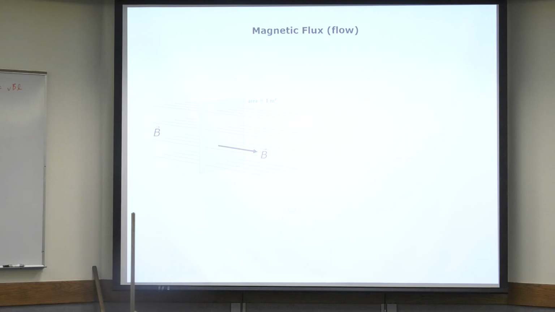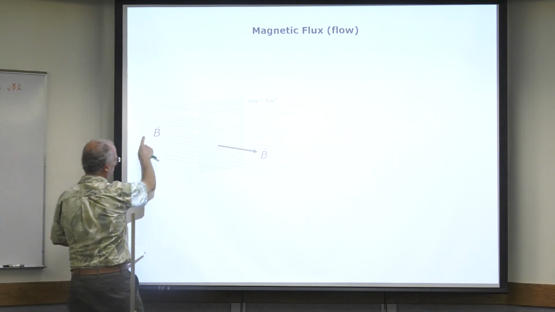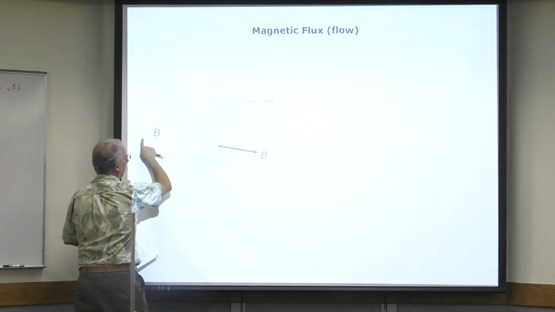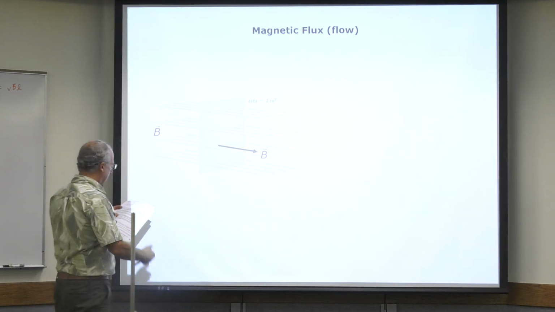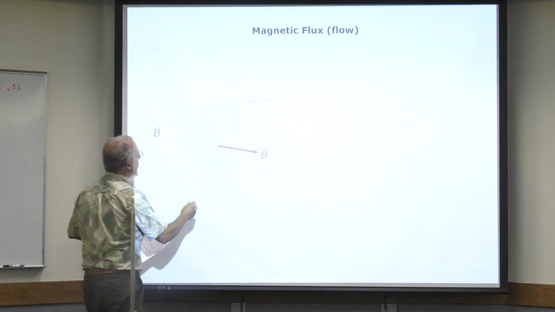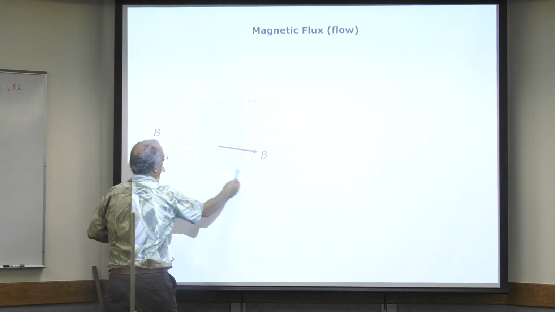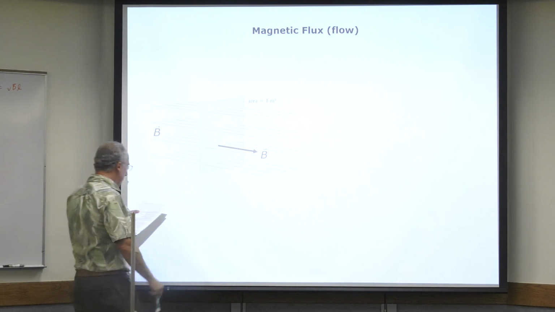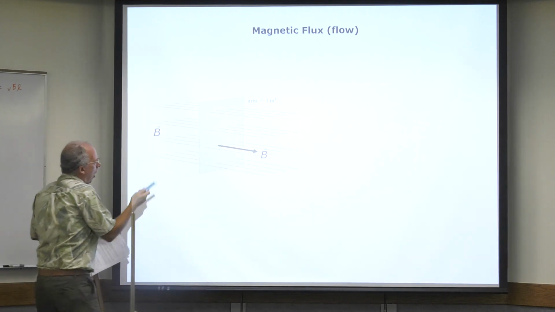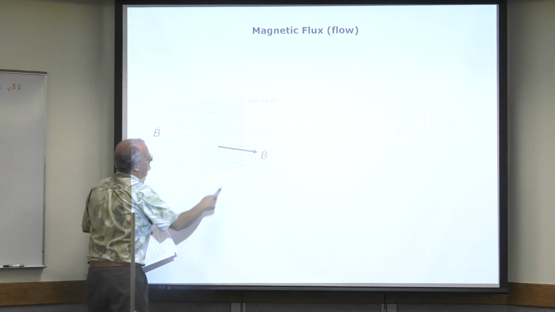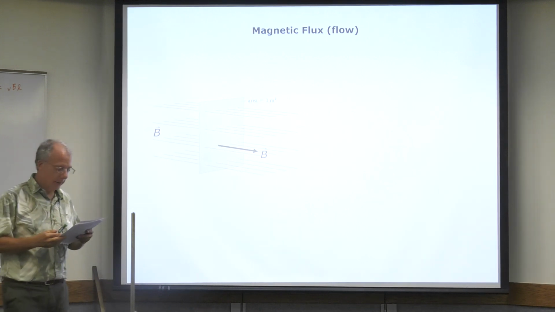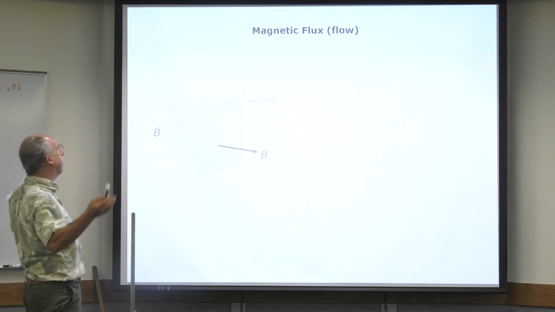Okay, so let's say we have a uniform magnetic field, and it extends over an area of 1 square meter. And like always, these lines represent the magnetic field lines. So what's the flux?